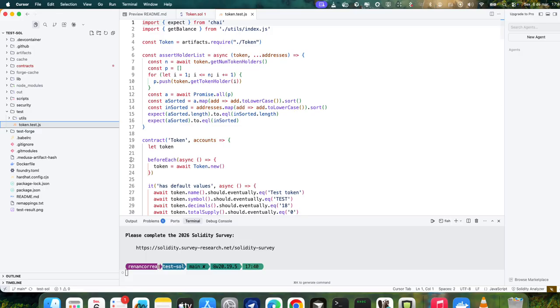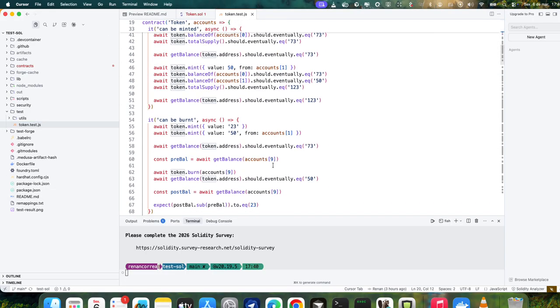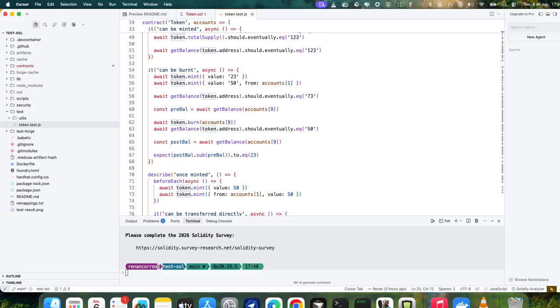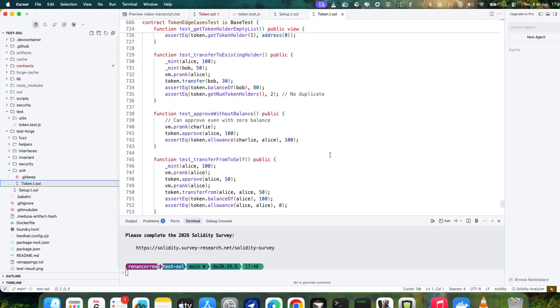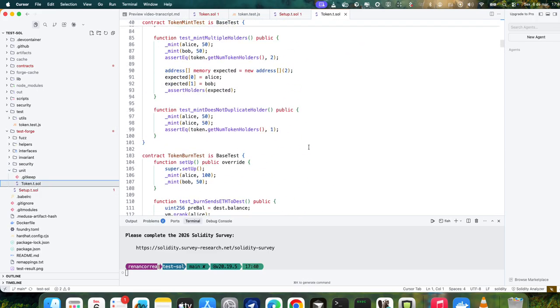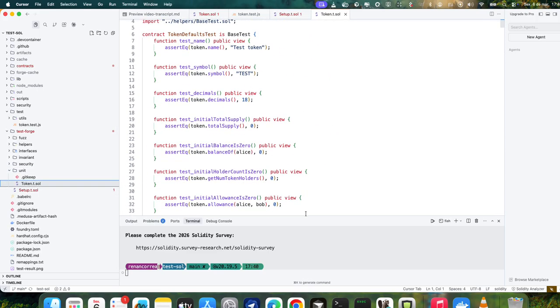Beyond the required Hardhat tests, I built a comprehensive Foundry test suite to achieve 100% code coverage on Token.sol. The unit tests cover every public and external function, including edge cases like zero value transfers and self-transfers.